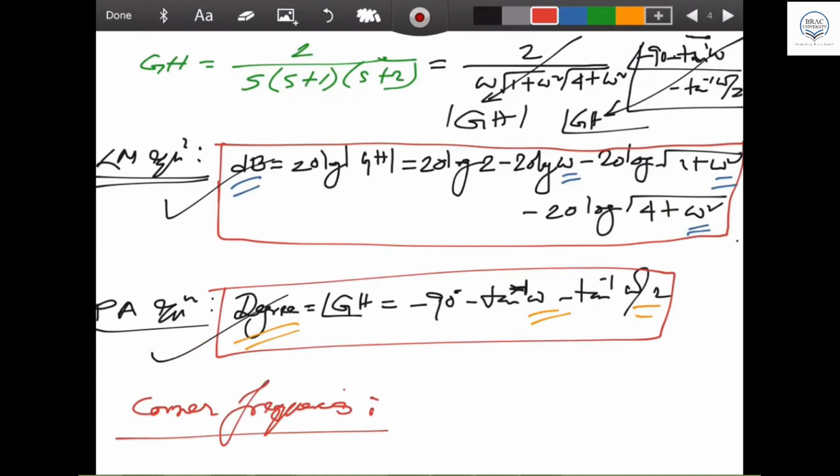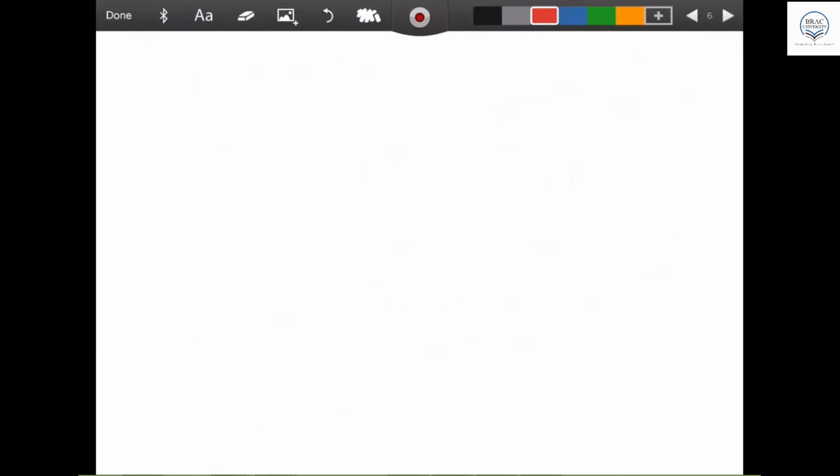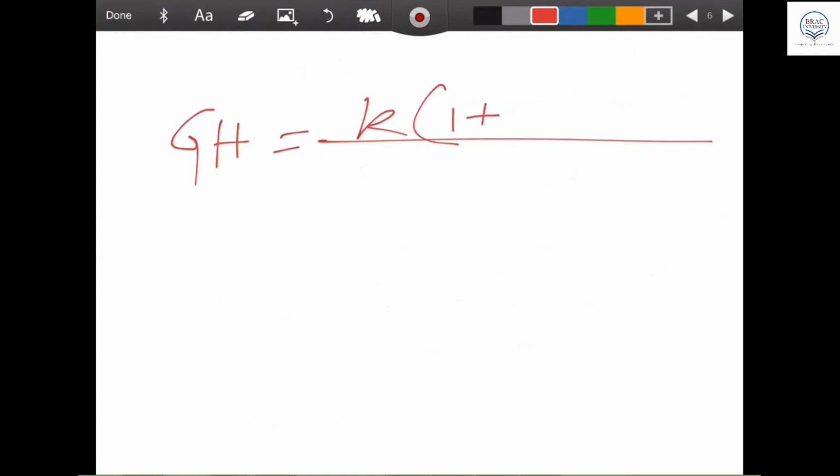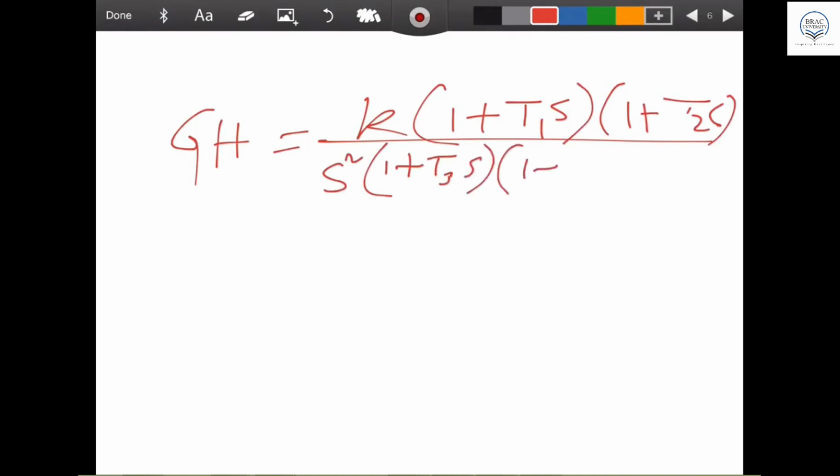Let's say GH equals K into 1 plus T1S, 1 plus T2S, over S square, 1 plus T3S, 1 plus T4S, just an example, 1 plus T5S.